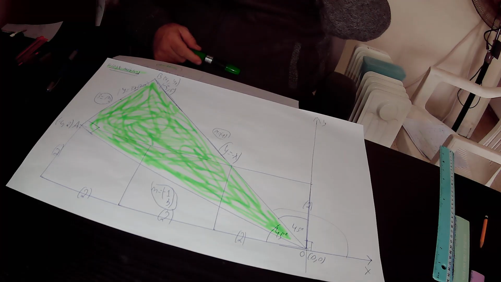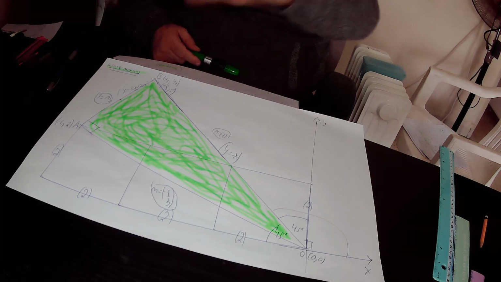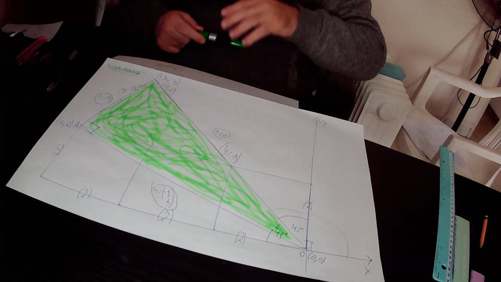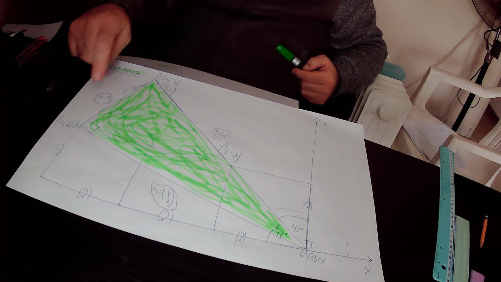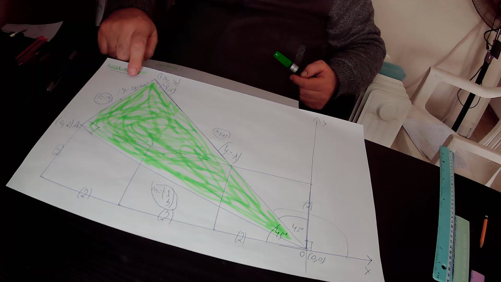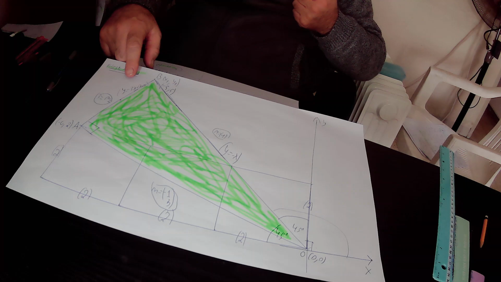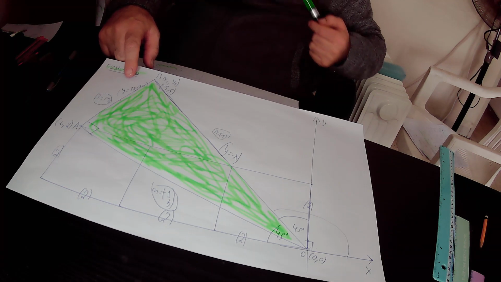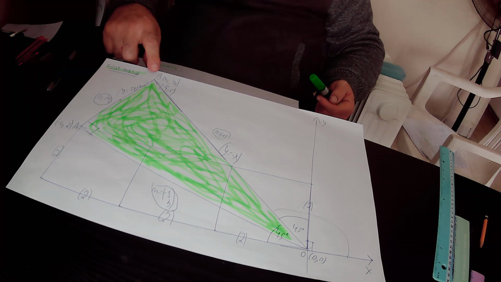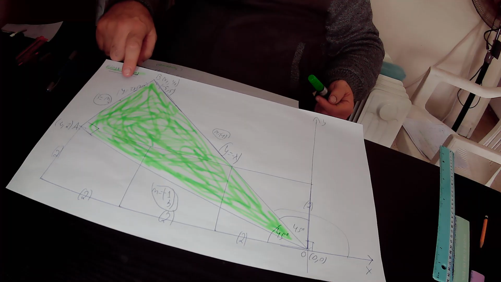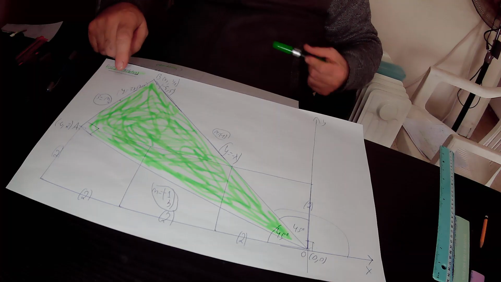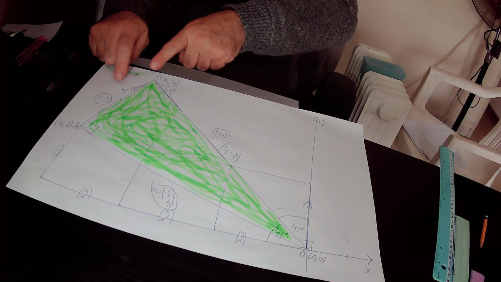Point B is located on the straight line AB, therefore point B must satisfy its equation, y equals 3x plus 20. What does it mean that the point must satisfy the equation? It means that if we substitute x by x1 and y by y1, we get y1 equals 3x1 plus 20, and the left side of the equation will be equal to the right side of the equation.